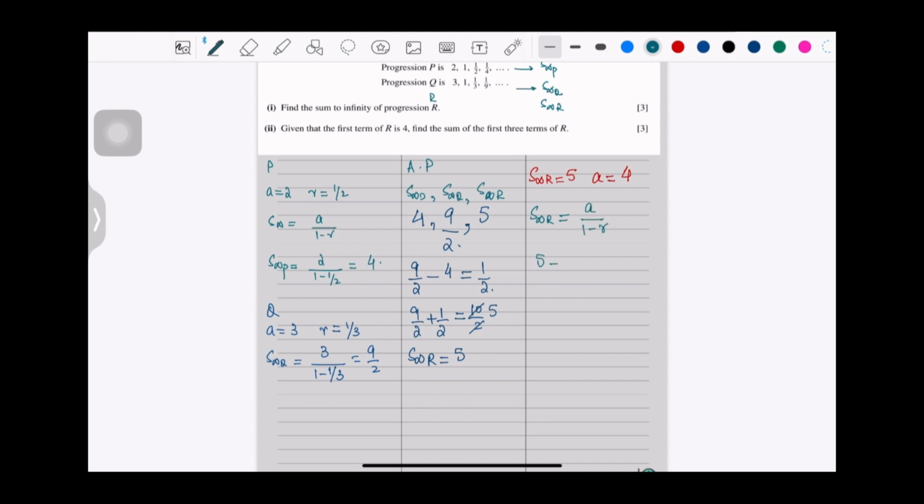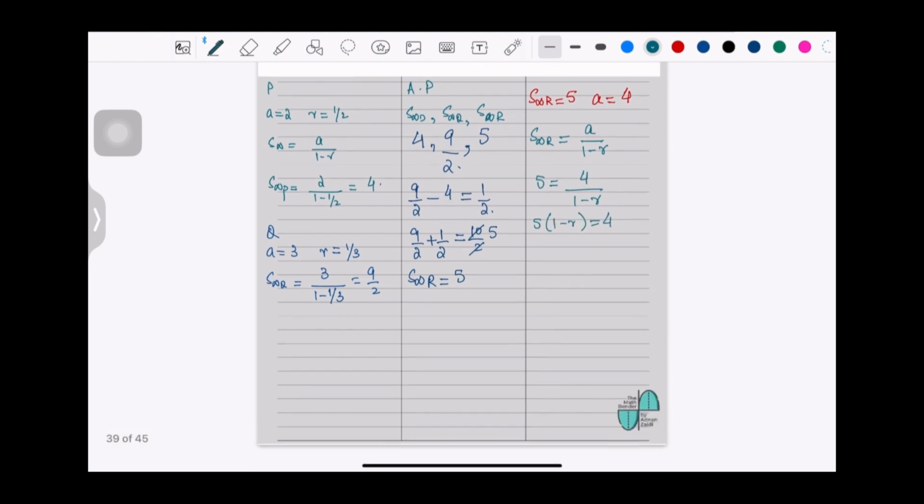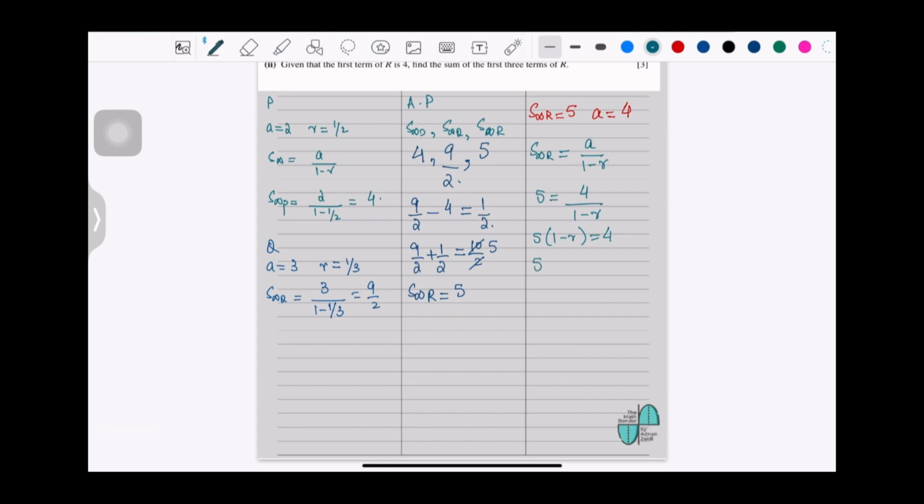So replacing that, 5 equals 4 over 1 minus r. So 5 times 1 minus r is equal to 4, and 5 minus 5r is equal to 4, and r is going to be 1 over 5.